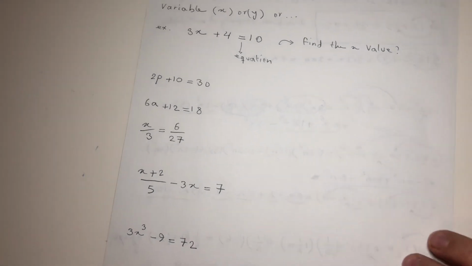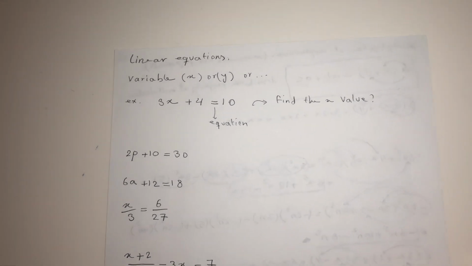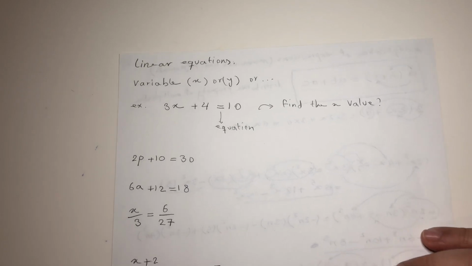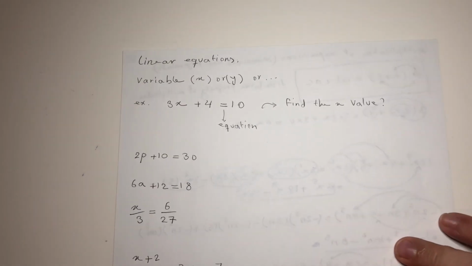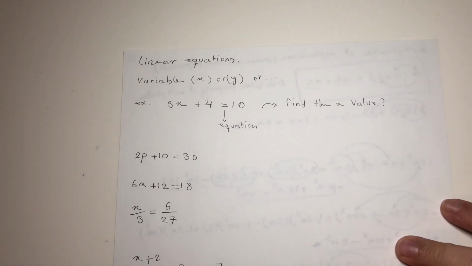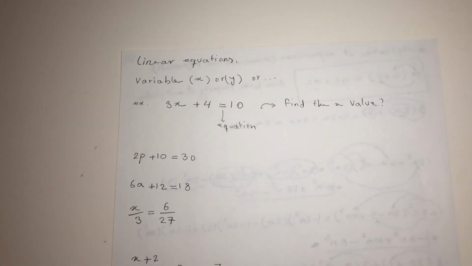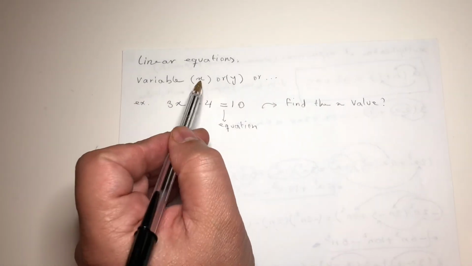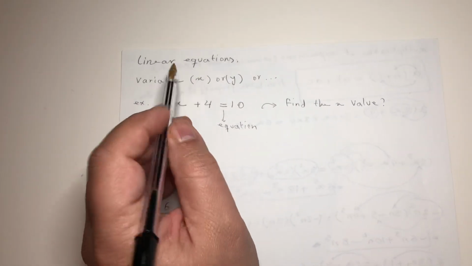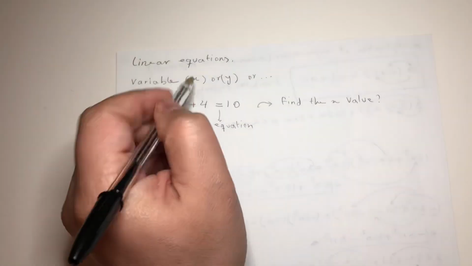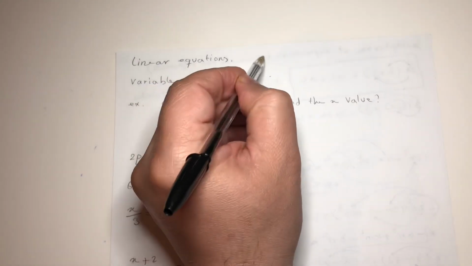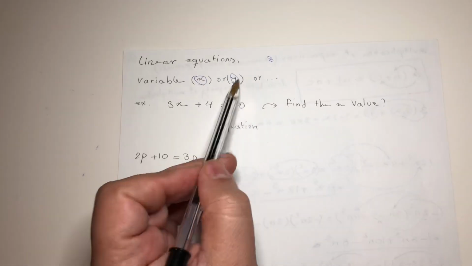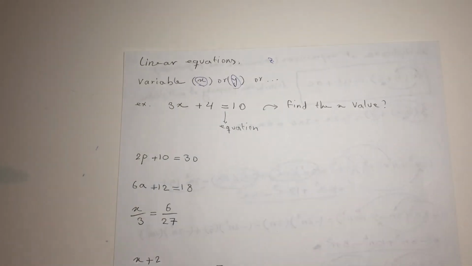Let's see what I have in the next page. Okay, here I'm going to talk about linear equations. In the math lessons, you will see a lot of variables, things that we call variables that are denoted by letters like X or Y or Z or whatever. So each of these variables could represent any number, right?